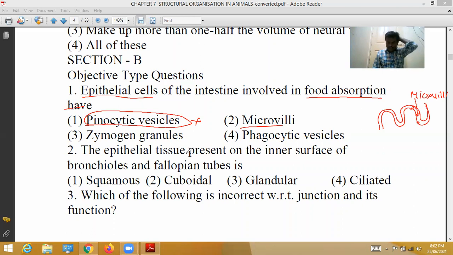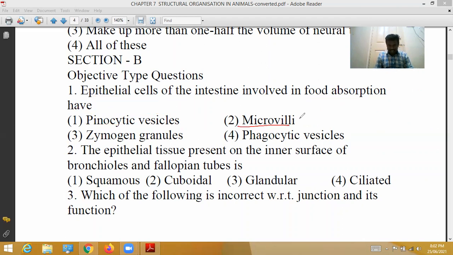These finger-like projections are called villi or microvilli. So for this question, the second option is correct.